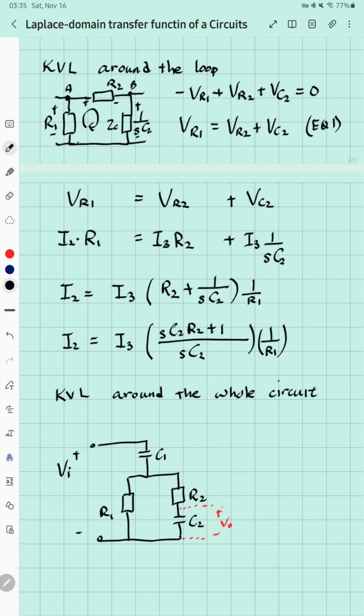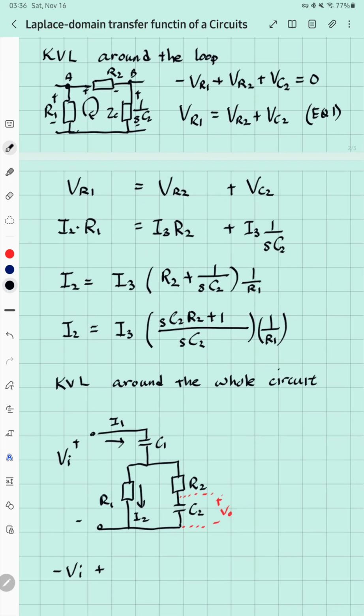KVL: VI, so it's minus plus. This was I1, this was I2, and this was I3, and we know that I4 was the same across C2.